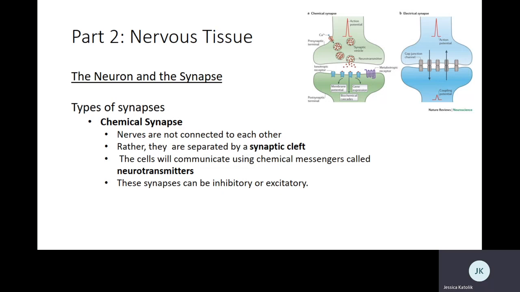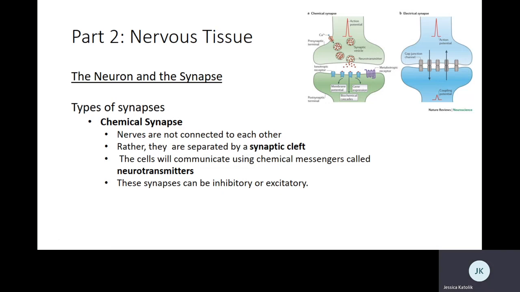So essentially what happens in a chemical synapse is that these neurotransmitters will be released from one neuron, and it will travel across the synaptic cleft and bind to receptors on the second neuron. These receptors will actually do signal transduction. It will send a secondary messenger into the second neuron to possibly generate a second action potential.